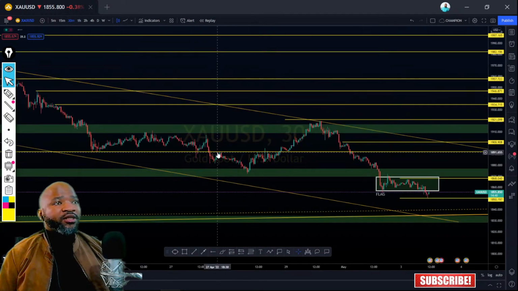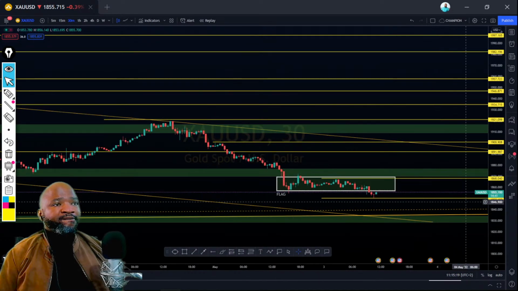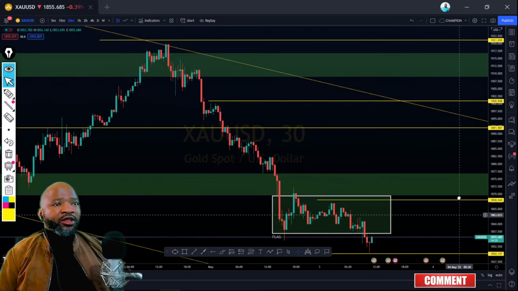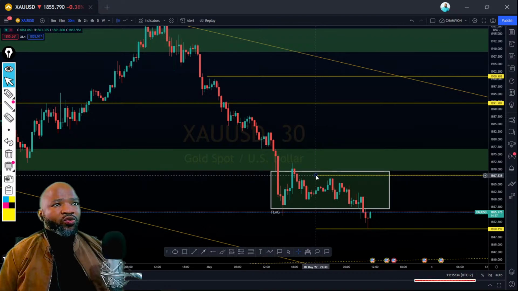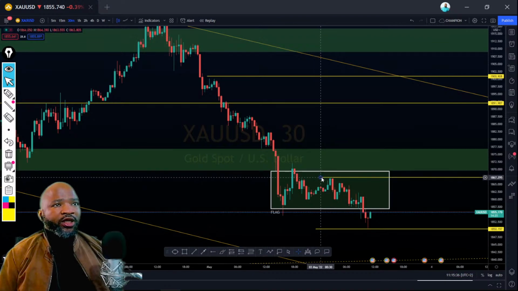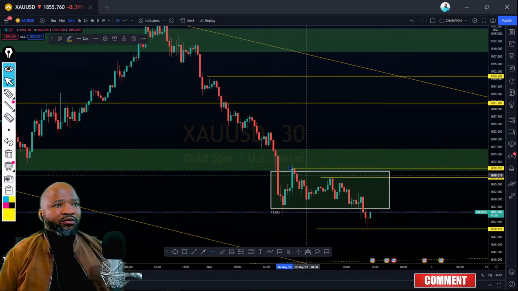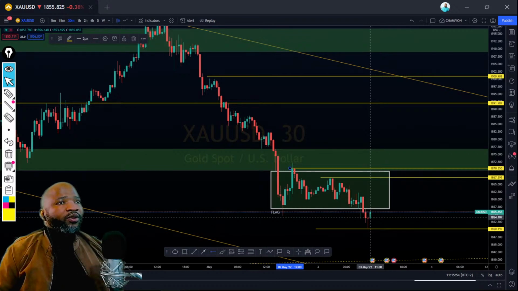Let's go to the 30 minutes time frame. You can see that on the 30 minutes time frame, the area that I marked as our flag pattern shows consolidation around this area or levels. We can say our price is about to retest and we will push towards the downside.